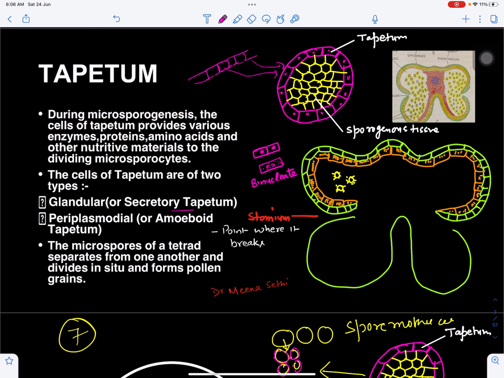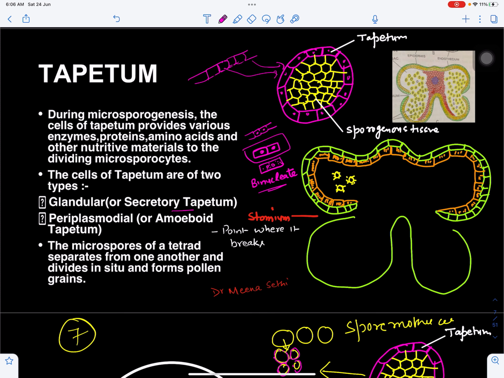And when the tapetum is not present at its position and degenerates from here, its nuclei may mingle with each other. Here, if two cells mingle, this will become binucleate, and if many cells mingle, this will become multinucleate.